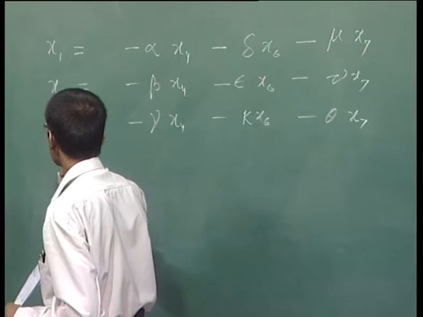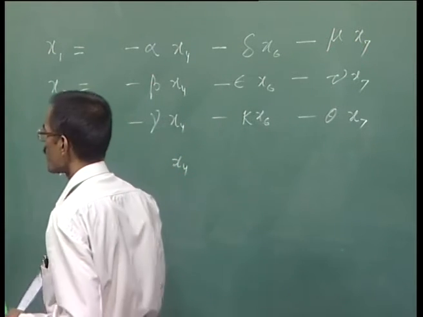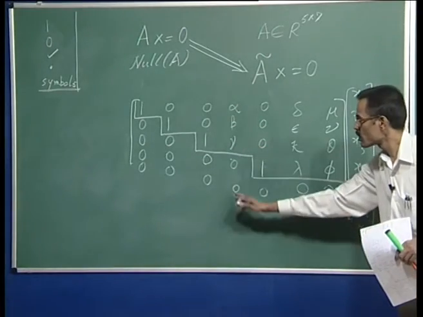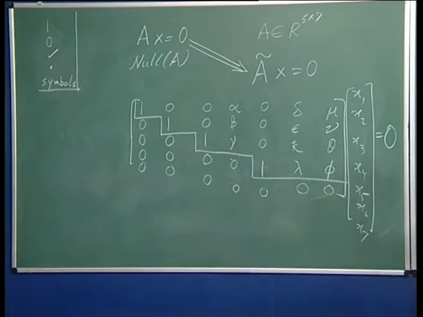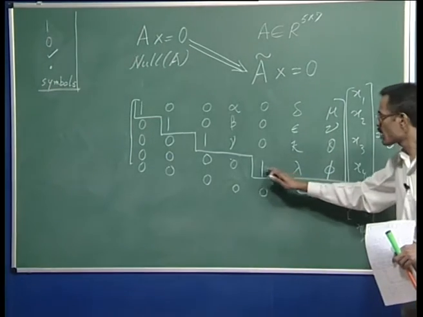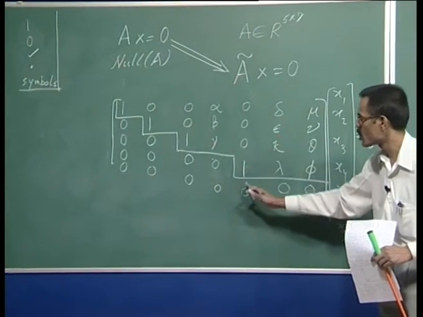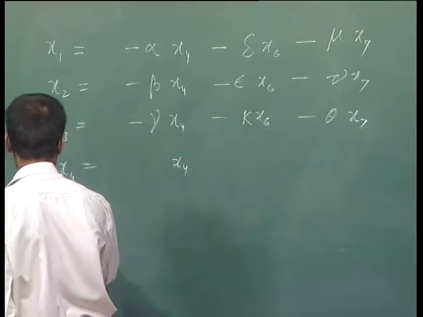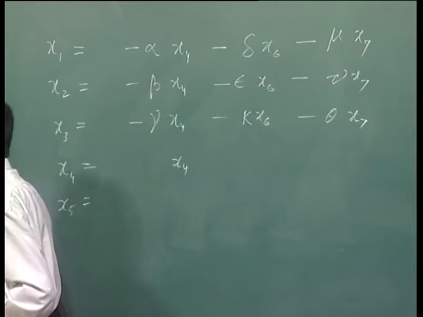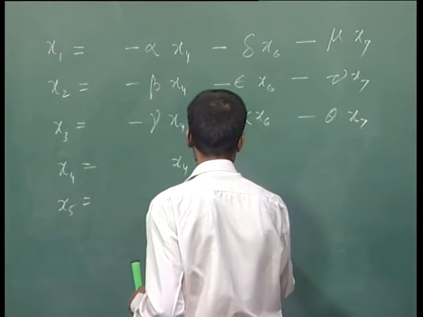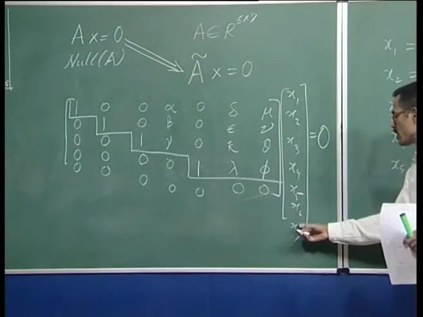x4 we write simply as x4 because the fourth column does not have a leading one. So, that we leave. Then x5 is found from here. This is the leading one of the fifth column. So, x5 we get as minus lambda x6 minus 5 x7.